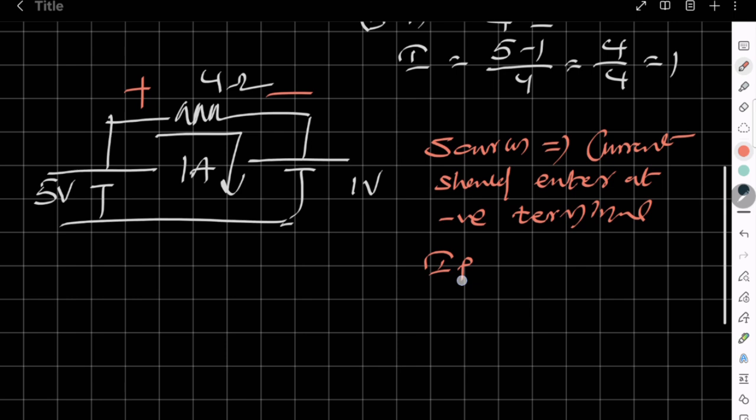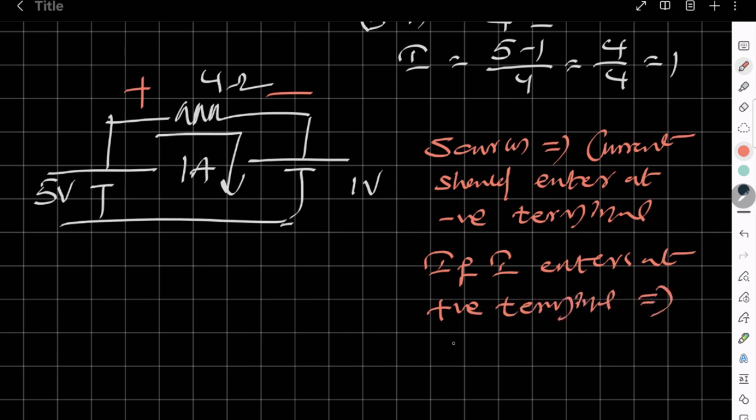If I enters at the positive terminal, then the source absorbs the power. Instead of generating or supplying the power in the circuit, it will be absorbing the power.